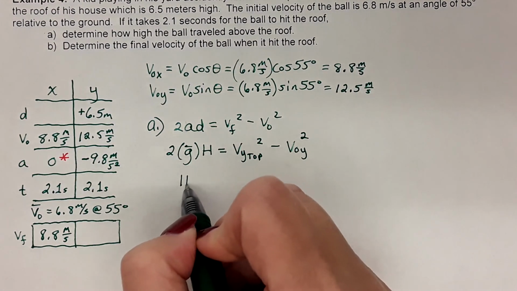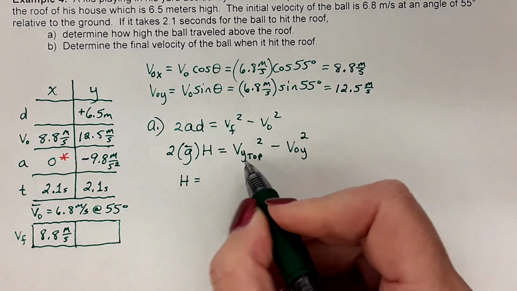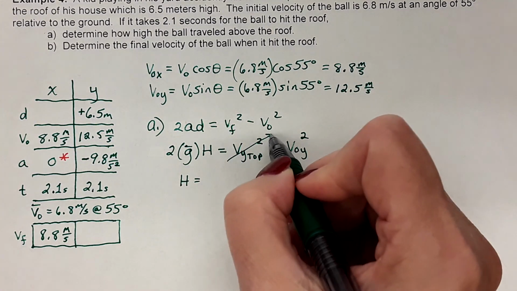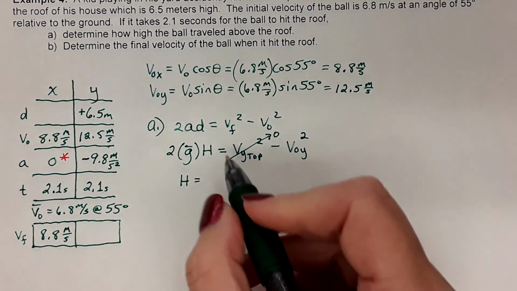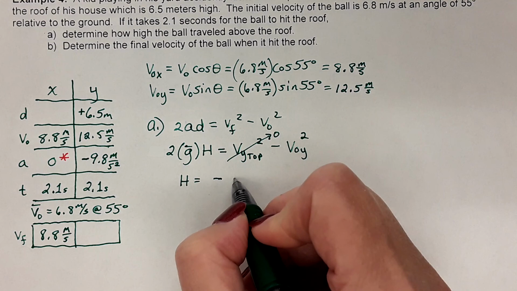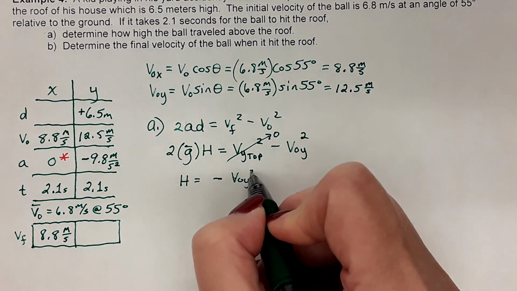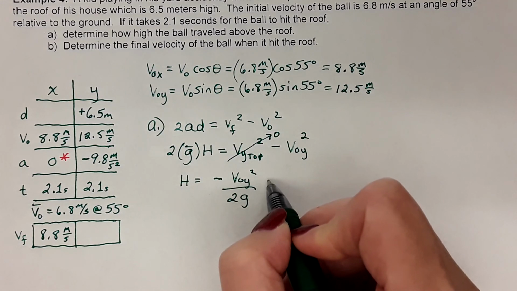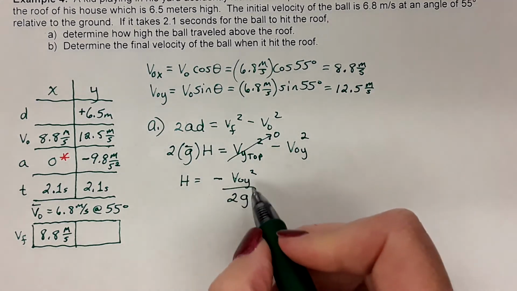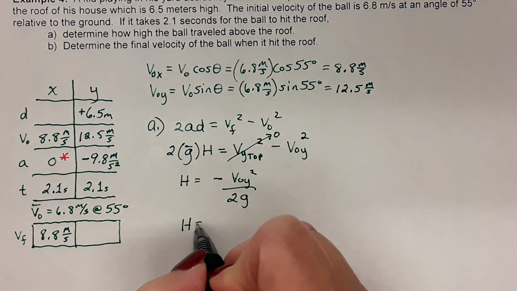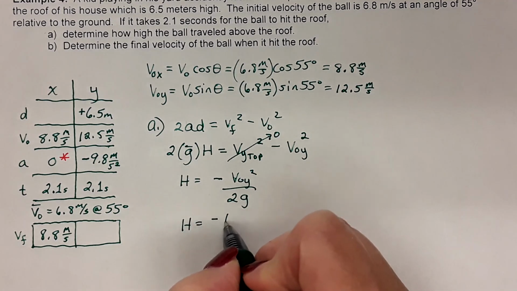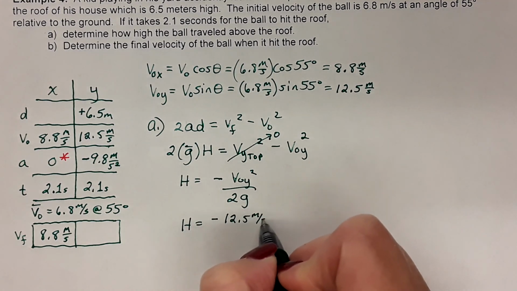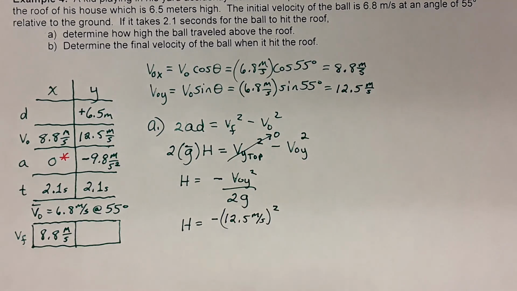So let's solve for h by dividing over by 2g, and this drops out because it's 0, and 0 squared is 0. So we get minus v sub oy squared over 2g. All right, now let's take a look at what we've got. We get negative 12.5 meters per second, and we're going to square the 12.5.